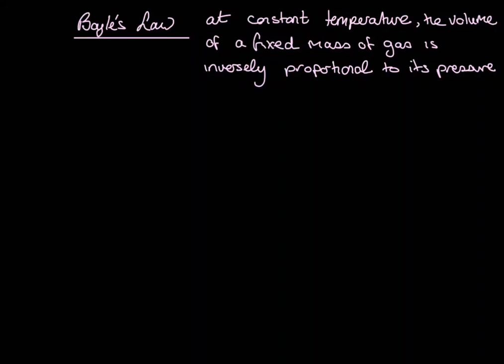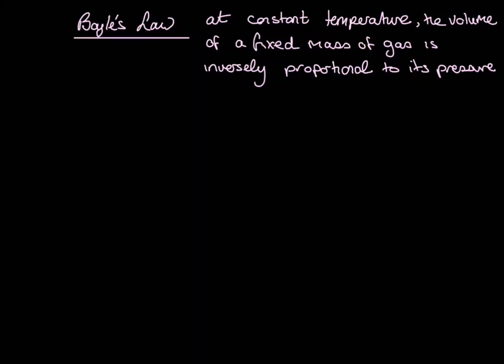If that fixed mass of gas was at a constant temperature, the volume of the gas is inversely proportional to its pressure. So if you change the pressure of the system, the volume will also change if you're keeping temperature the same, because you only want to measure the two variables.